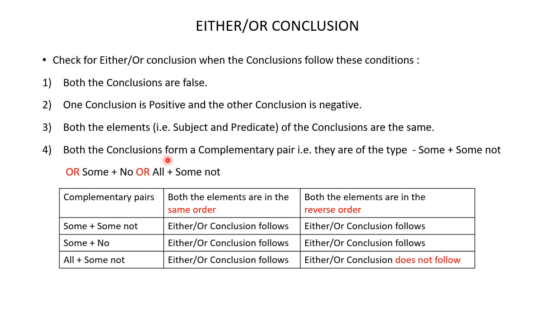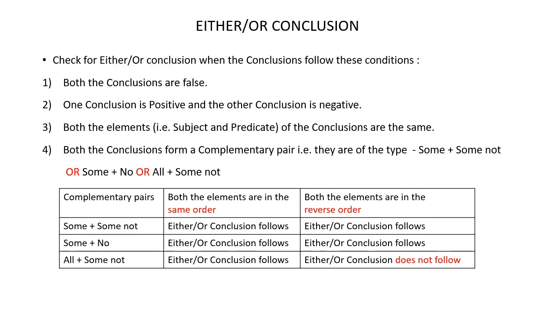Both the conclusions should form a complementary pair, that is, they should be of the type some not, or some no, or all some not. Only when the conclusions follow all these conditions, then either or conclusion will follow.